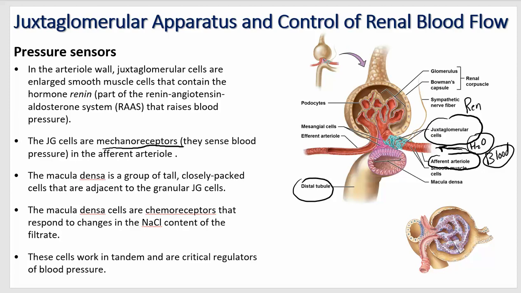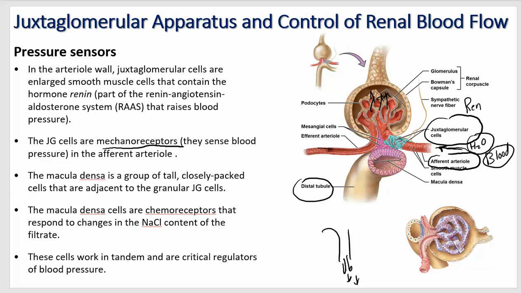If there's more blood moving into this area, then you're going to have more leaving, which means you're going to lose more. You're going to have more moving through, but also more filtered. And if it's cranking through these nephrons really fast, you're going to have increased urine.